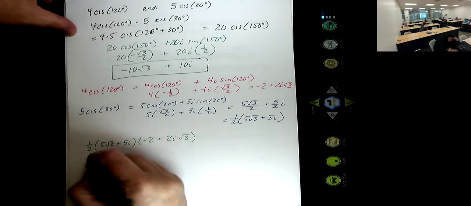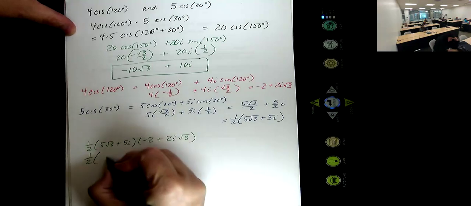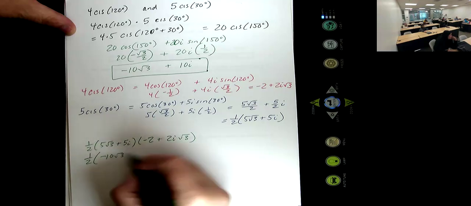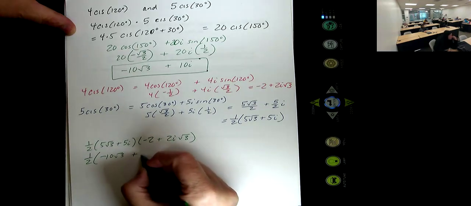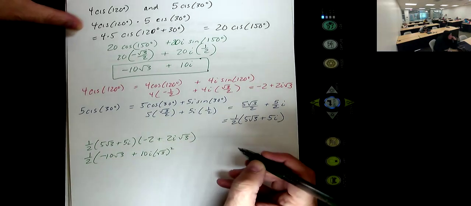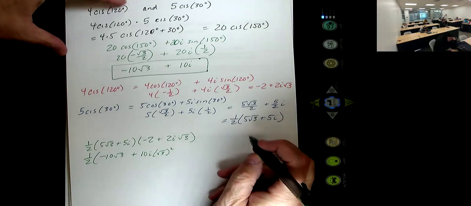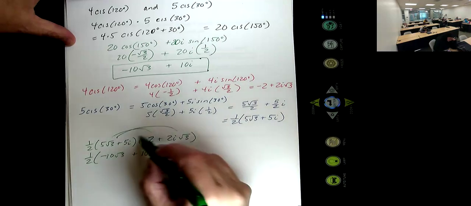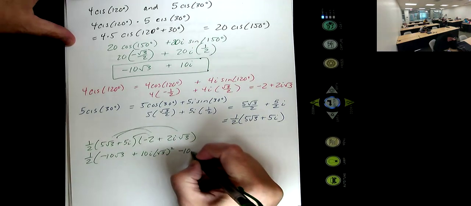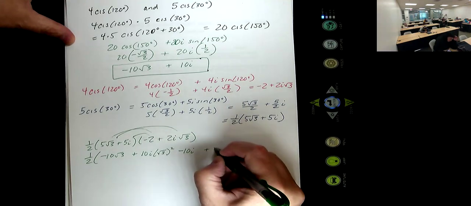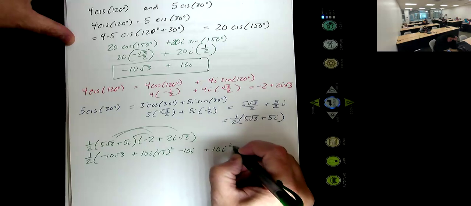I'll do the 1/2 last. We'll distribute, we get -10√3, and then plus 10i times √3 squared. I'm taking this slow because I don't want to mess it up. That's doing the outer ones, and now doing the inner ones, I've got -10i, and then plus 10i squared √3.